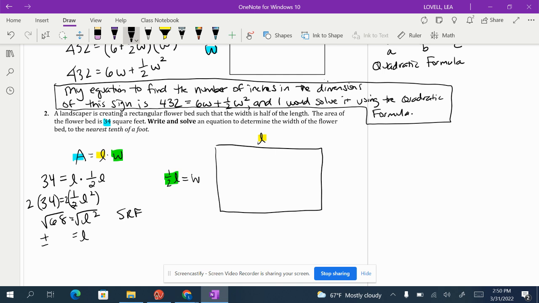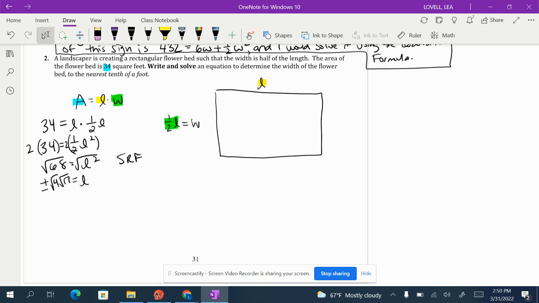Simplest radical form is where we pull out the largest possible perfect square that is a factor of 68, and we rewrite it as 2 radicals. So we have the square root of 4 times the square root of 17. The square root of 4 is going to be plus or minus 2. And then the square root of 17 is gross, so we're just going to leave it.